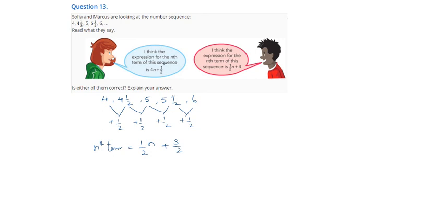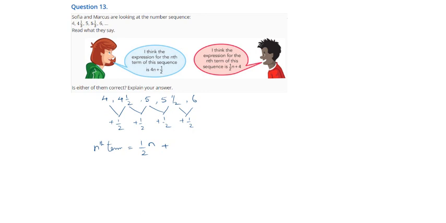So when you put 1, half into 1 is half. Half plus 3 by 2 is 4 by 2. Sorry, this will not be 3 by 2. It will be some other value.